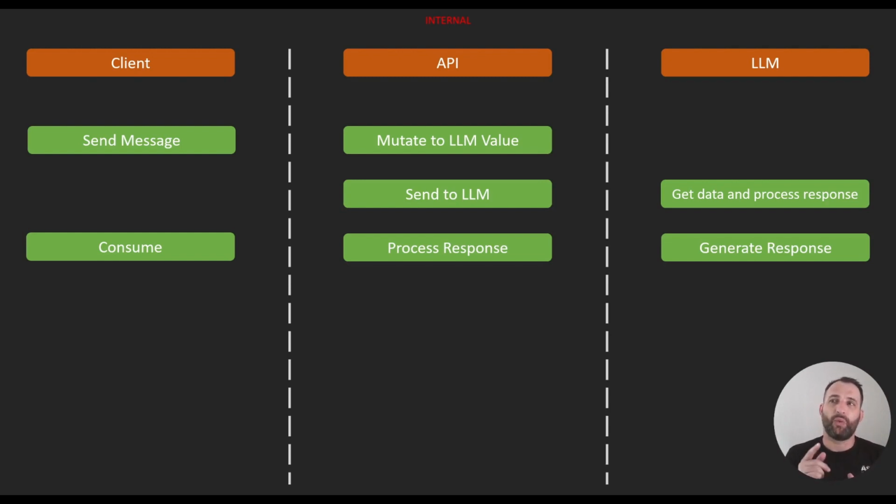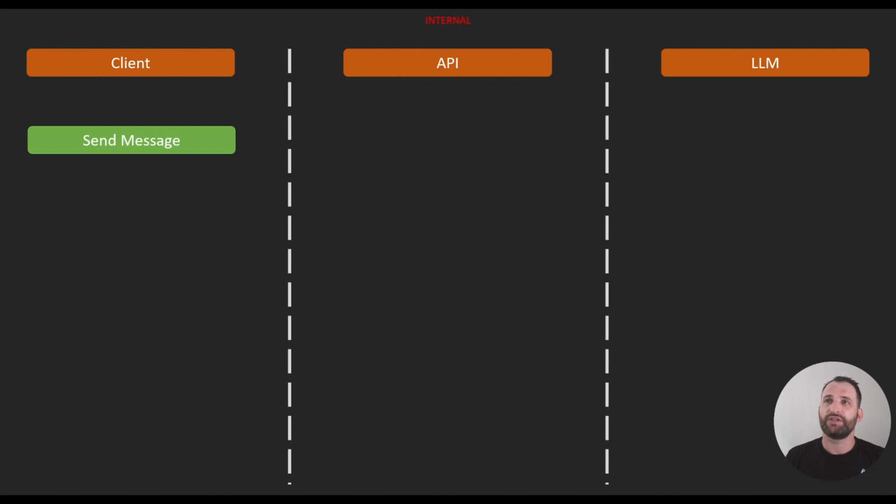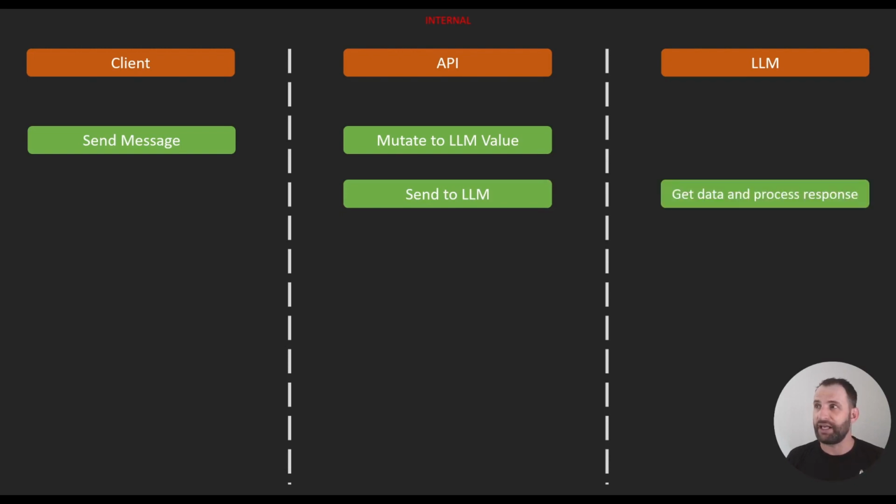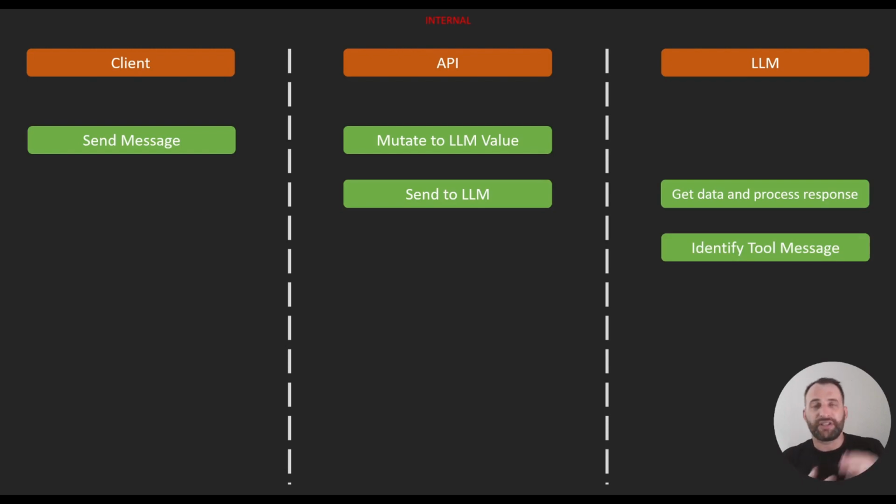But when it comes to using chat tools, there's quite a lot that happens at the API layer. So if we were to take a look at what this would look like, first of all, we'd send the message, it'll mutate it, it'll send it to the LLM. The LLM would consume that, but then it would identify that, hang on, I've got a set of tools that I'm allowed to call, and this request from the user looks like it has something to do with this function.